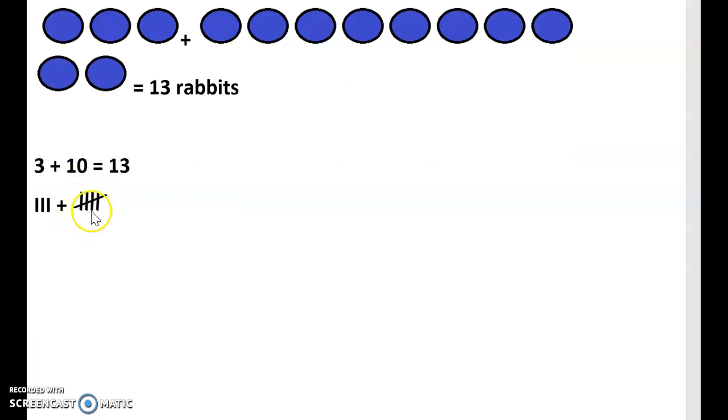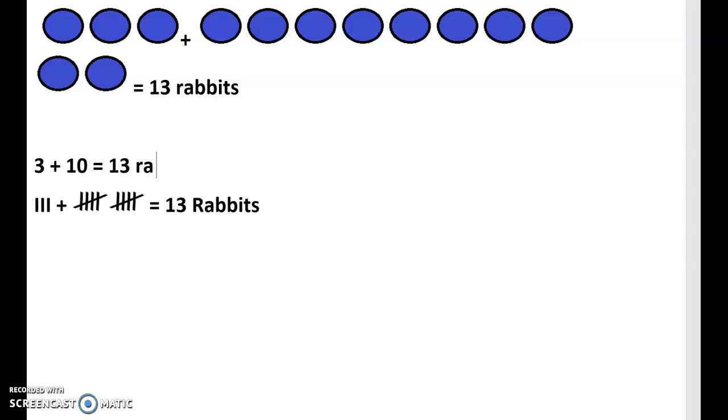So for 10, I would need 2 sets of these, right? So I'm going to put 10. So let's count 1, 2, 3, 4, 5. 1, 2, 3, 4, 5. All right, so I have 10 equals 13. Oops, rabbits, don't forget that. Okay, and we need to add rabbits here too.